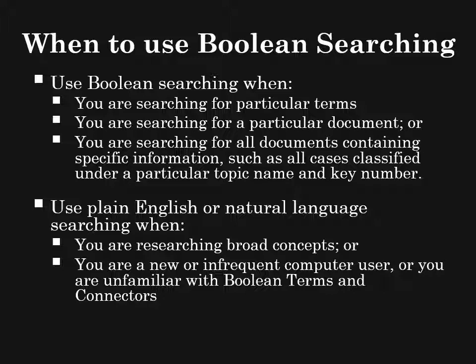But as you become more proficient with Boolean, you're going to see that if you know the particular keywords or terms, if you're looking for particular documents or looking for things under a particular key number or topic name, using Boolean will make it go much more quickly.